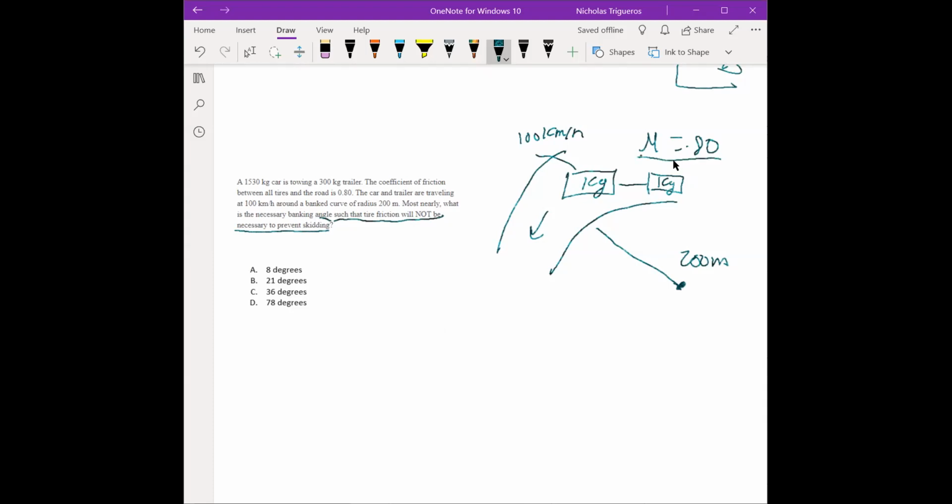So don't find the friction force. Find the banking angle that will accommodate this speed. Actually, I think it's even just the speed and the radius. I don't think the load has anything to do with the answer either.